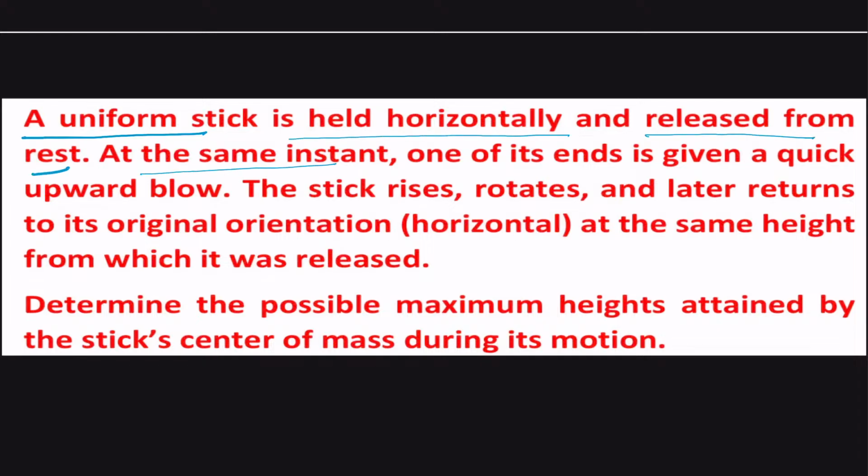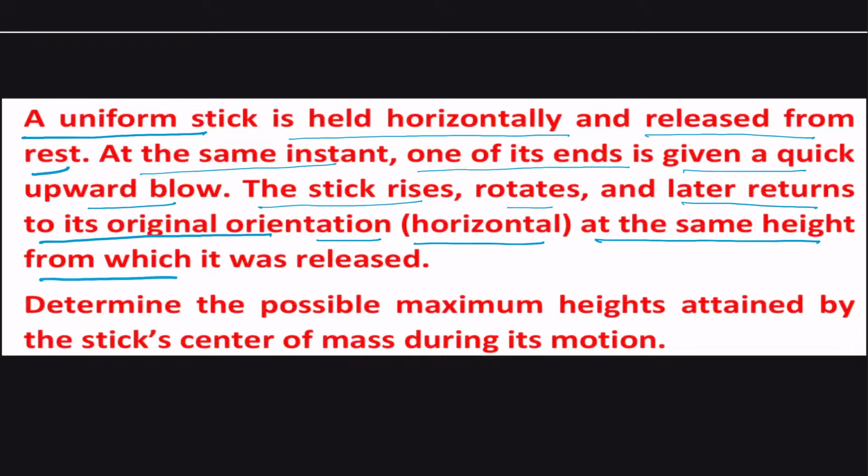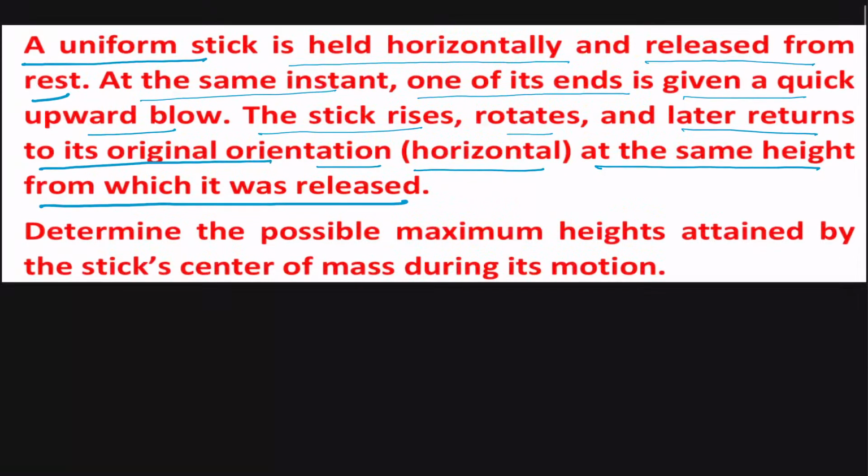At the same instant, one of its ends is given a quick upward blow. The stick rises, rotates, and later returns to its original orientation, that is horizontal, at the same height from which it was released. Determine the possible maximum heights attained by the stick's center of mass during this motion.